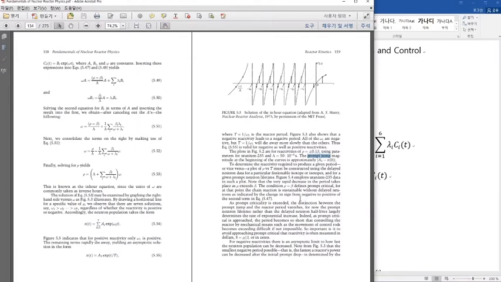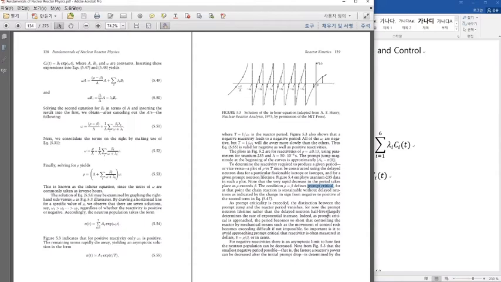Also, when the reactivity rho equals beta, the fraction of delayed neutrons, or is equal to or greater than beta, that is the condition called prompt criticality.